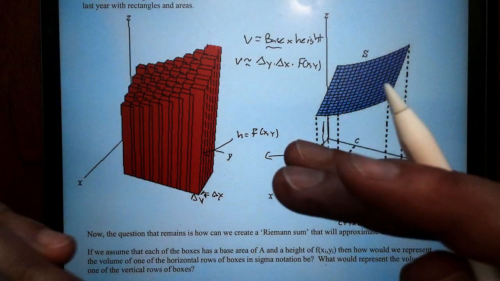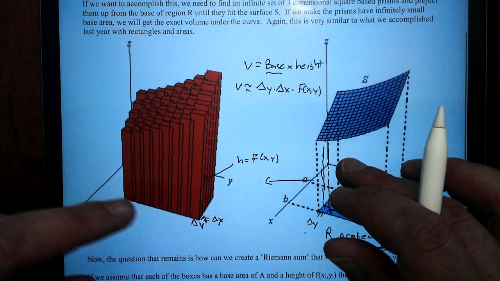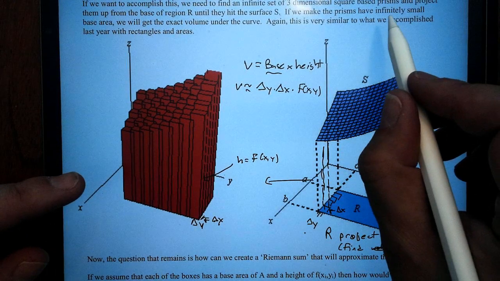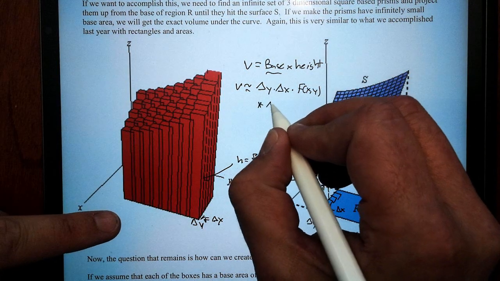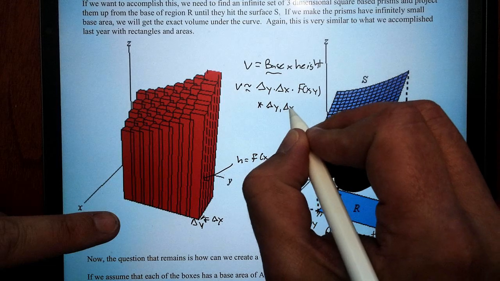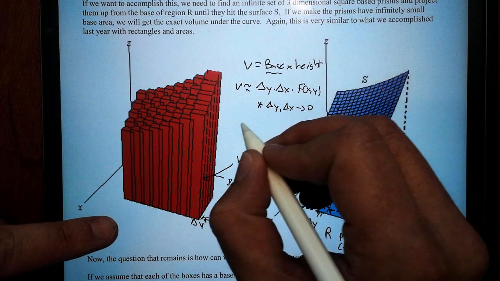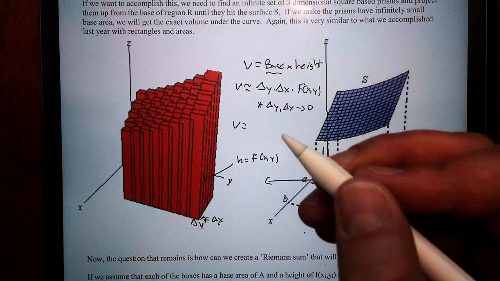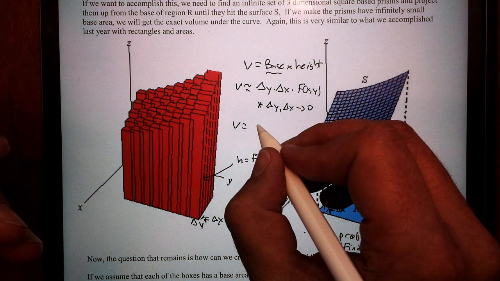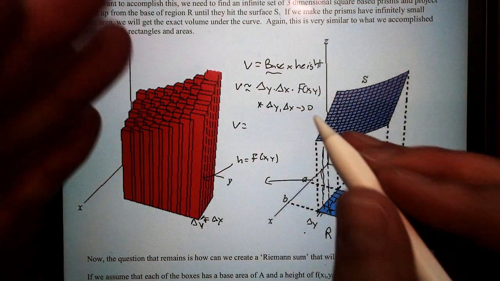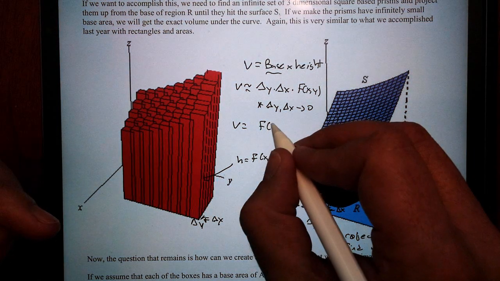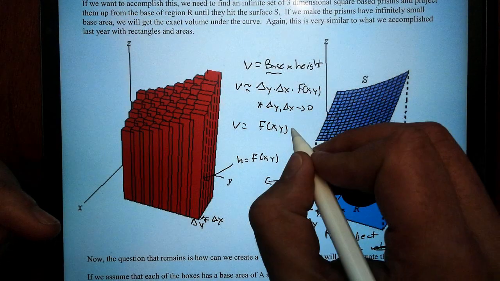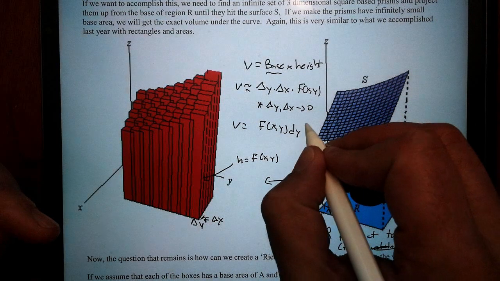To make this more accurate, we have to make the base infinitely small. So we have to let delta y and delta x go to 0. And if we do that, from calculus, we know we're going to get an infinitely skinny prism. And we can now rewrite our function as f of x, y, our height, times dy dx.